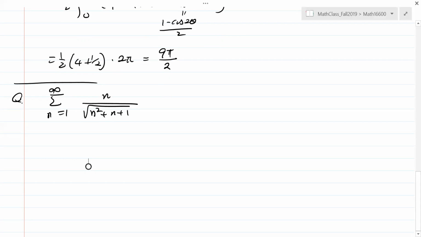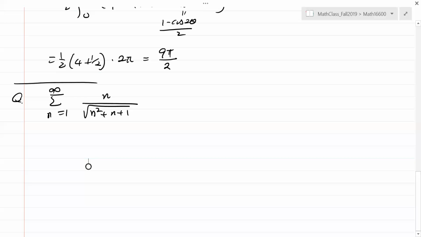You could use a comparison test, and for the comparison, you could use n over root n squared, and then that would just be 1. But I don't think the comparison test works here because you will be less than or equal to 1, but that does not imply the other side is divergent.